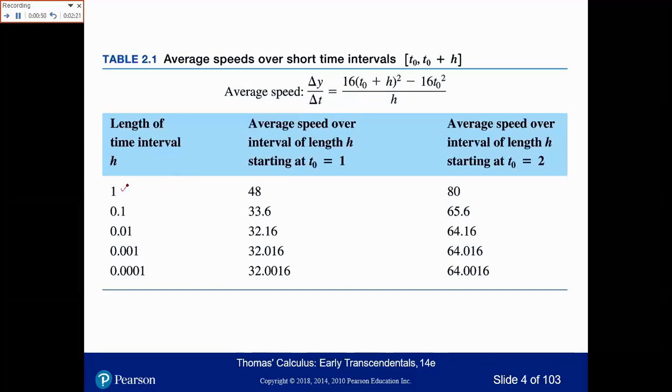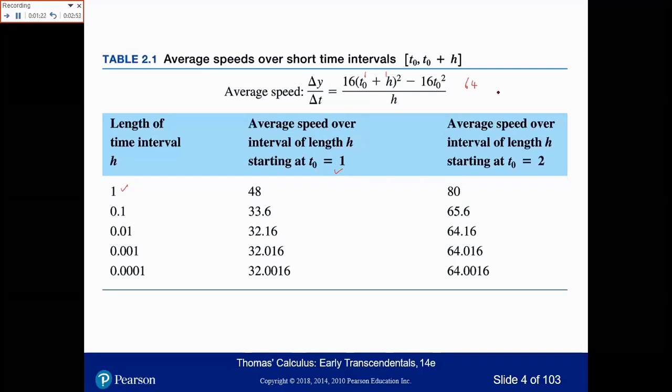If we take h equal to 1 and plug it in over here, we get t0 plus 1. So let's take t0 equal to 1 also. Then we will have 1 plus 1, that is 2. 2 squared will give us 4. 4 times 16 will give us 64, right?